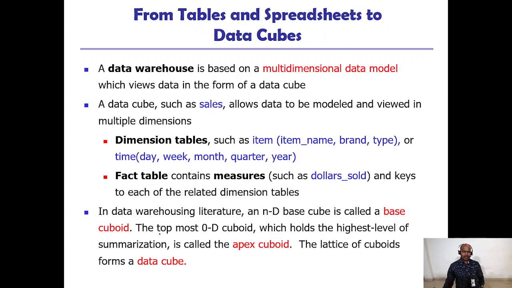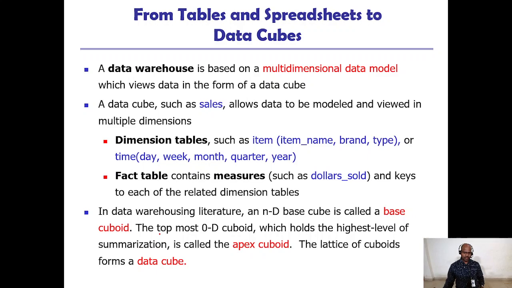In traditional databases, the data is stored in the form of relational tables and spreadsheets. From that, when we are constructing a data warehouse, the data is converted into data cubes. A data warehouse is based on a multidimensional data model, which views data in the form of a data cube.